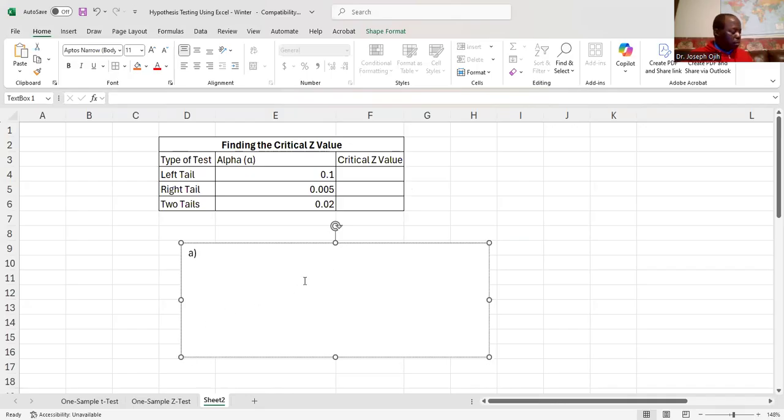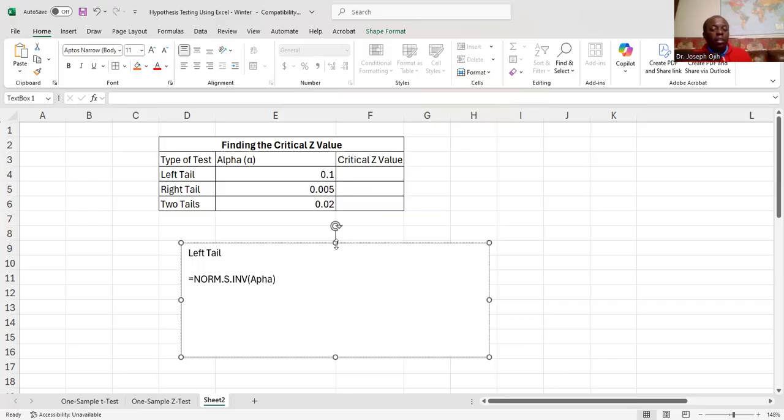Because it's left tailed, we use equals NORM.S.INV, norm dot s dot inverse. You have to put the alpha in, just the alpha, and that's it. Press the enter key and that'll give you the answer.